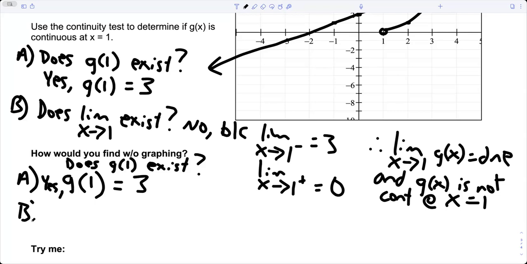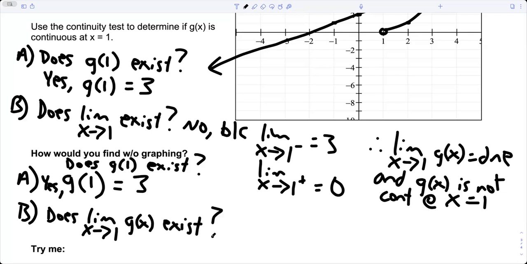Part B. Does the limit as x approaches 1 of G of x exist? And so how do I check the value of the limit if I don't have the graph? Plug in 1 to both equations and see if they are equal.